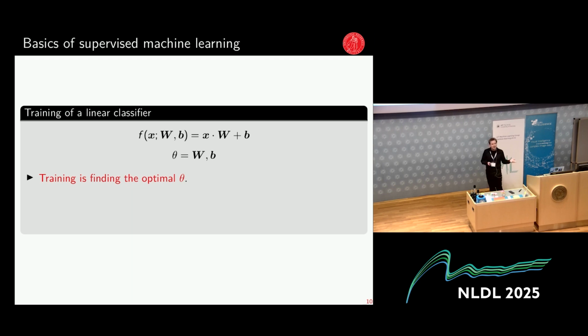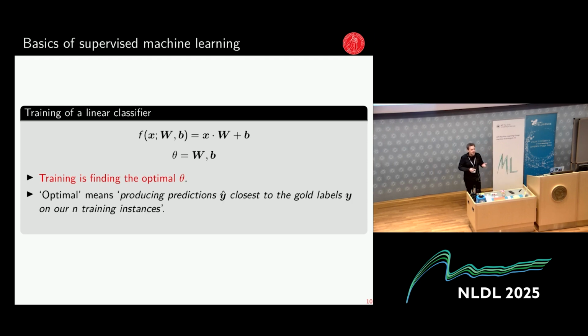To train such a linear classifier, we need to find the optimal set of parameters of the model. The parameters of the model are basically this matrix W and the bias term B. So we need to find what numbers should be in this matrix and in this bias term so that they are optimal.